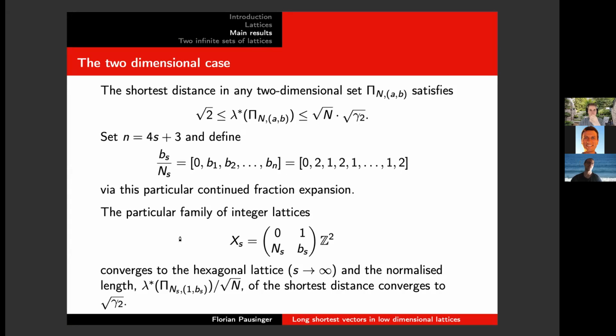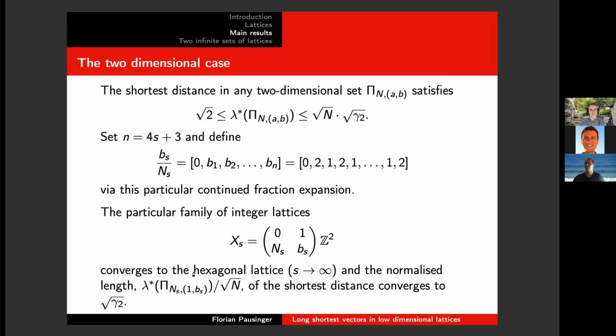And for a miraculous reason, if you generate this integer lattice with this basis, it turns out that the normalized length of the shortest distance converges exactly to the square root of the Hermite constant in 2 dimensions.